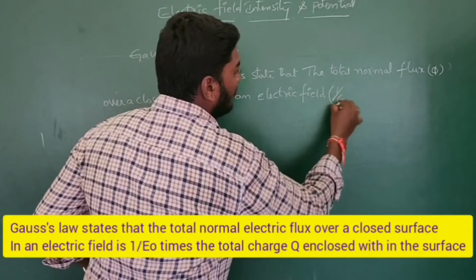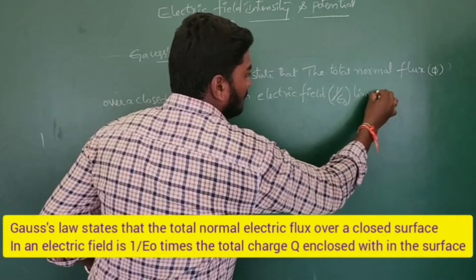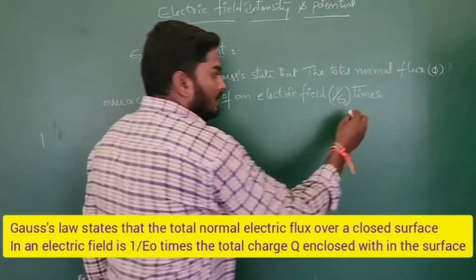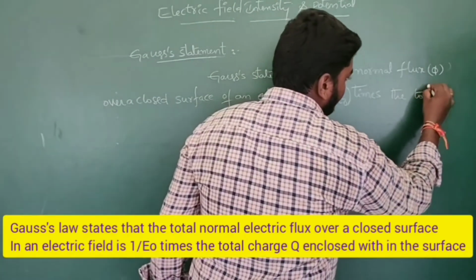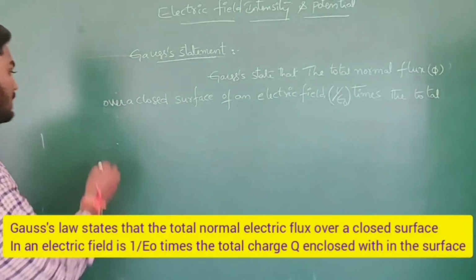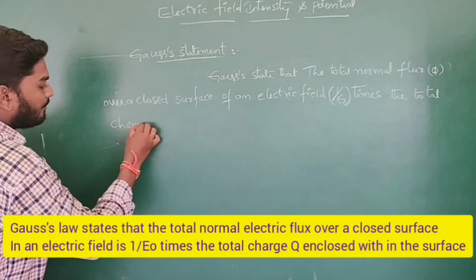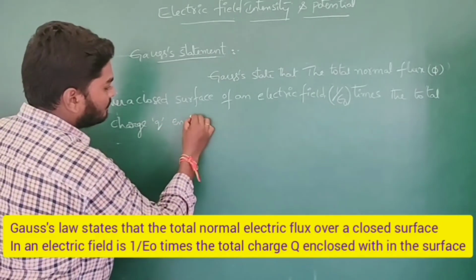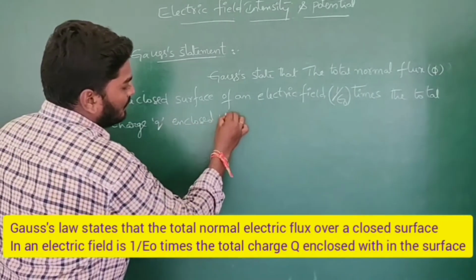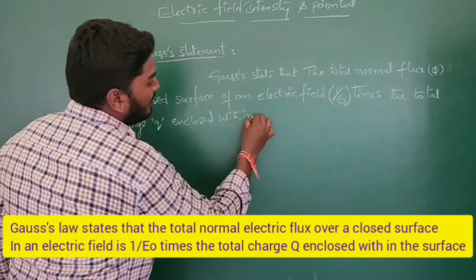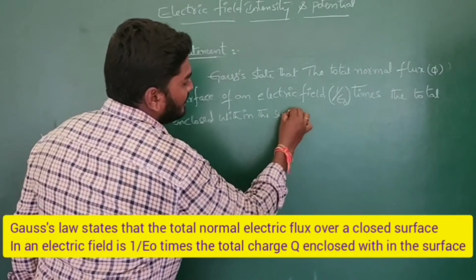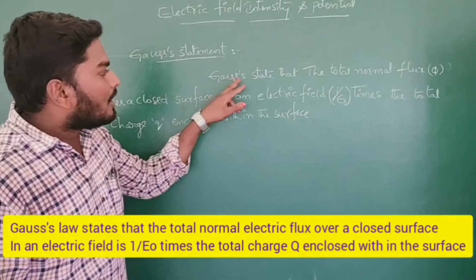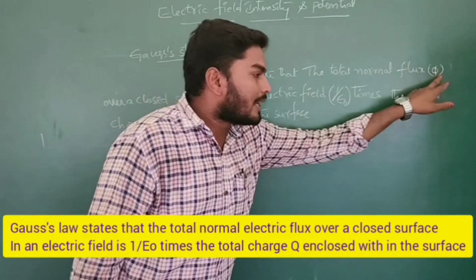1 by epsilon naught times the total charge Q enclosed within the surface. This is Gauss statement.